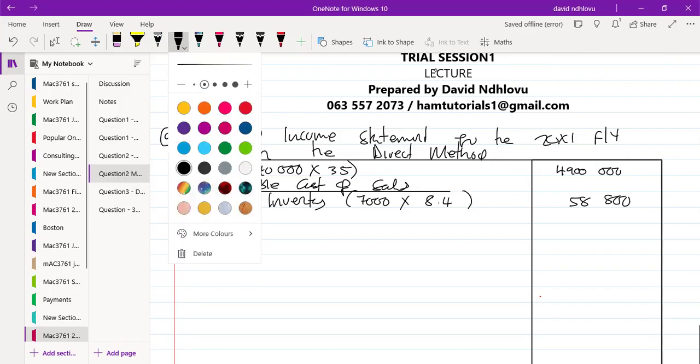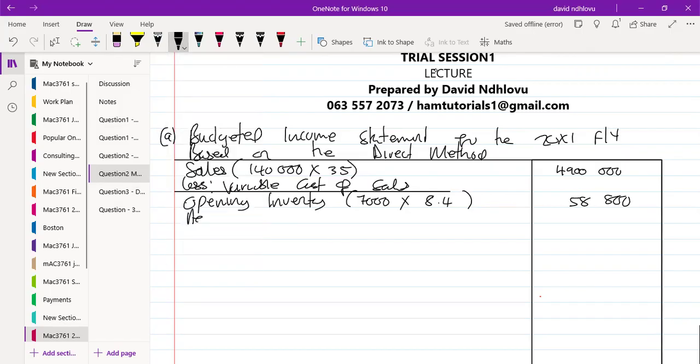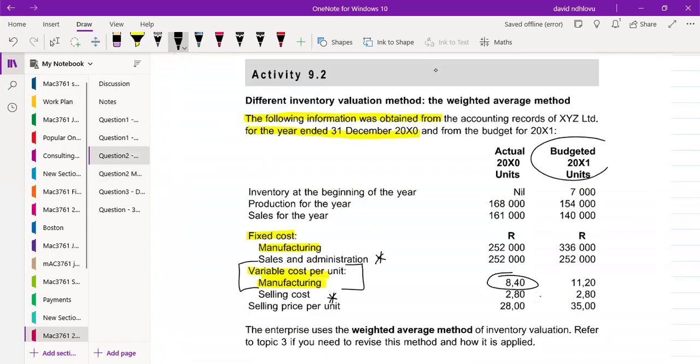Next, let's add our variable manufacturing overheads. If these were not given combined, we would add the direct material, the direct labor, and the variable manufacturing costs. This time now, we are using the budgeted costs. We were only using the previous year's actual cost for the opening inventory because it was manufactured then, and therefore its costing comes from the actual.